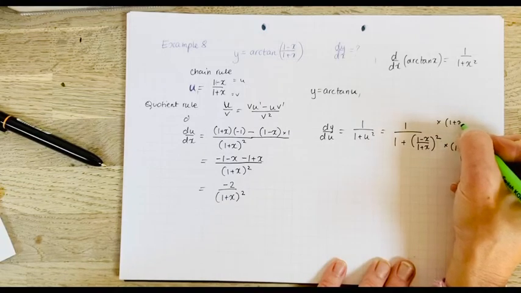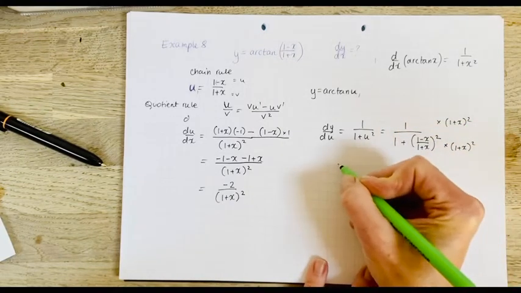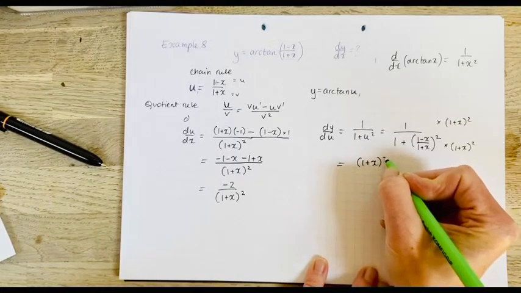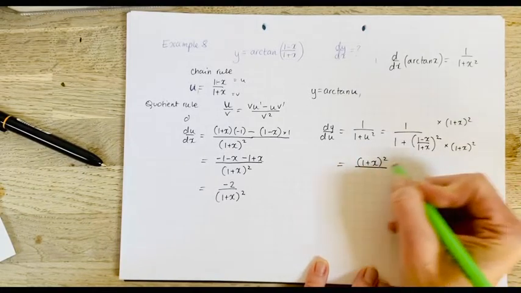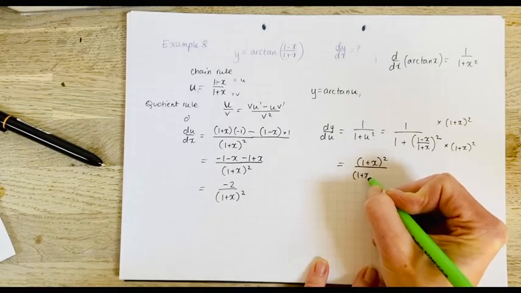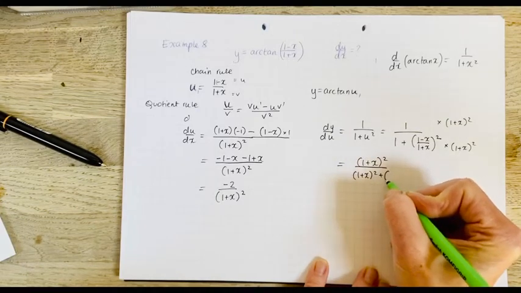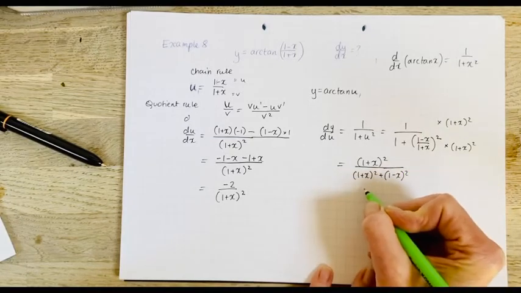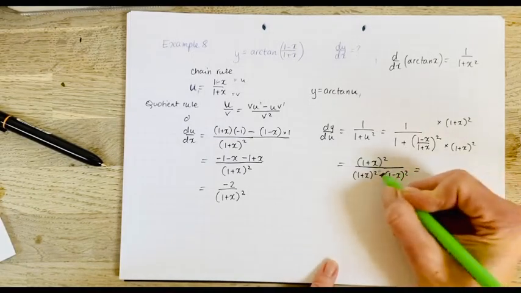That will give me 1 plus x squared on the top, and then 1 plus x squared plus 1 minus x squared on the bottom.